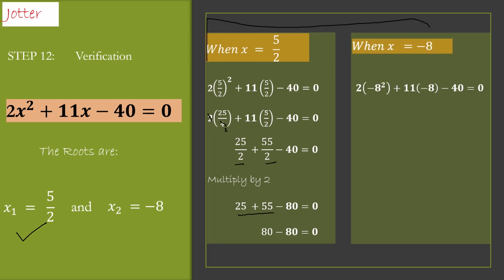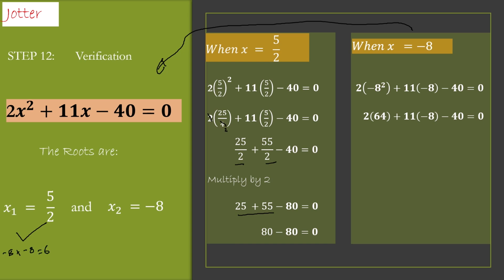Substitute x equals minus 8 into that expression. That gives us 2 times minus 8 squared plus 11 times minus 8 minus 40 equals 0. Minus 8 times minus 8 will give us 64, because minus times minus is plus.